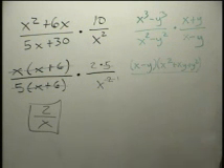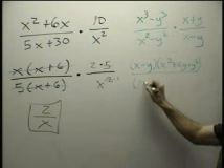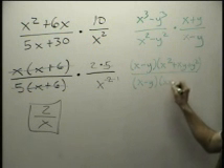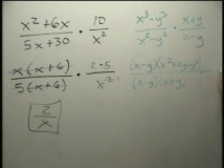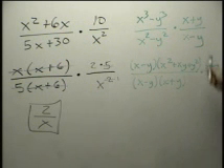The denominator is a difference of squares. So it's going to be x minus y times x plus y. X plus y is just a linear binomial, so there's nothing more we can do with it. It's not a difference of squares, a difference of cubes, or a sum of cubes. Same thing is true of x minus y.